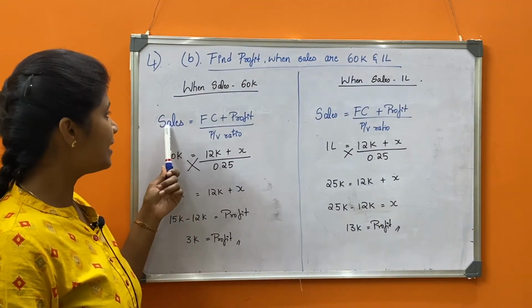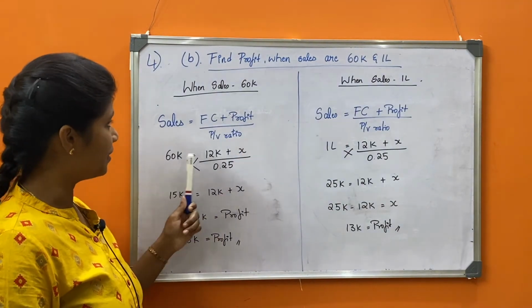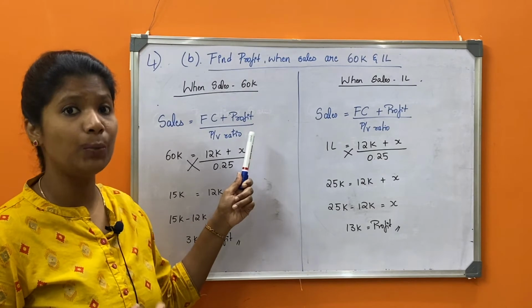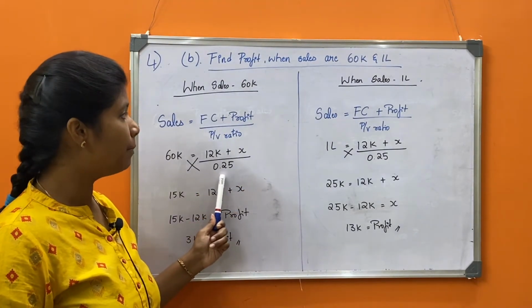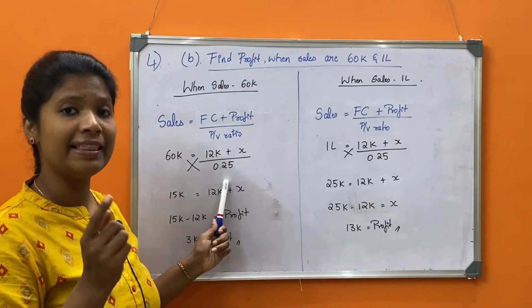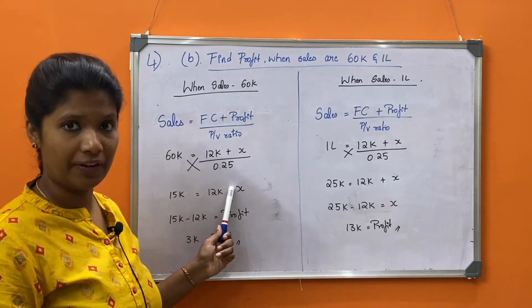So, sales given here as an assumption 60,000, fixed cost given in the question 12,000, profit we need to find out, so put it as X divided by PV ratio. Okay, so convert into decimal and write it here, that is 25%, convert into decimal 0.25.